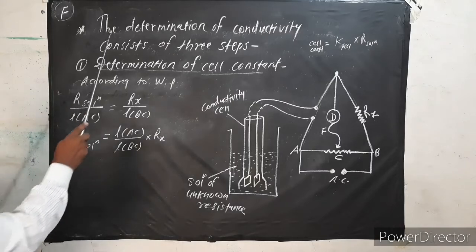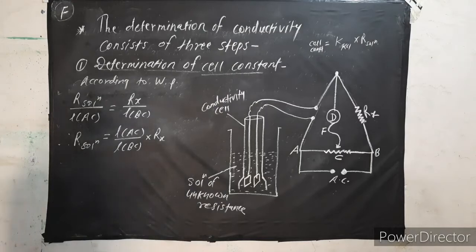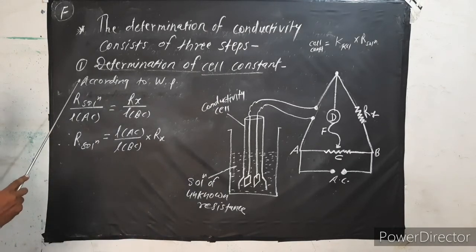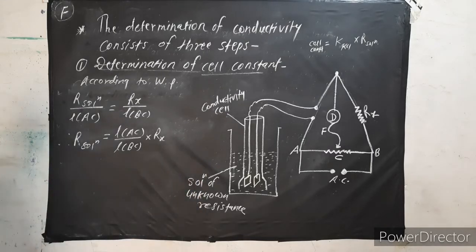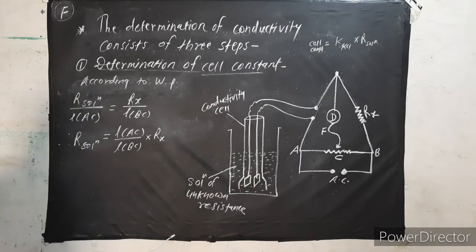Now we will study the determination of conductivity, which consists of three steps. The first step is the determination of cell constant.